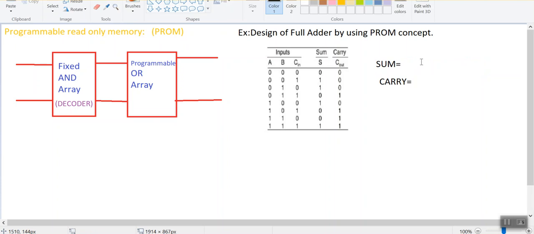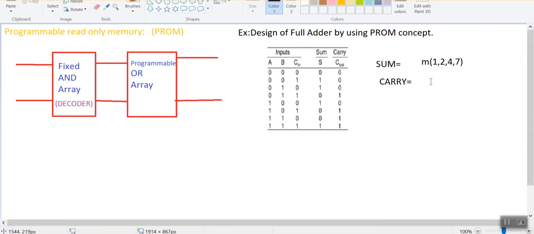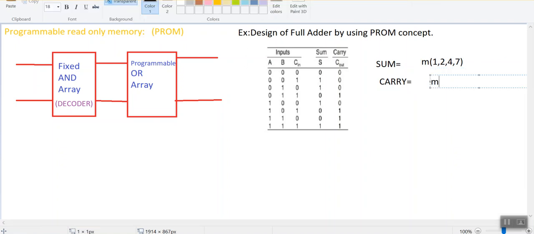If you observe the expressions, sum is sigma m of 1, 2, 4, 7, in small m notation, and in the similar way carry is sigma m of 3, 5, 6, 7.